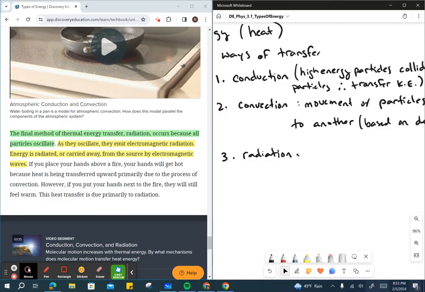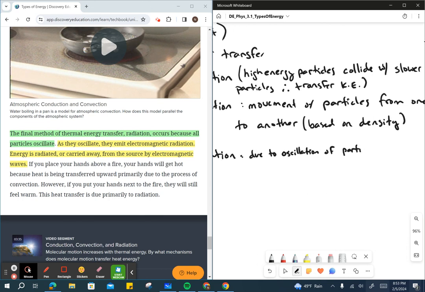What do I want to say about that? It occurs because all particles oscillate. Due to oscillation of particles, emitting electromagnetic radiation.